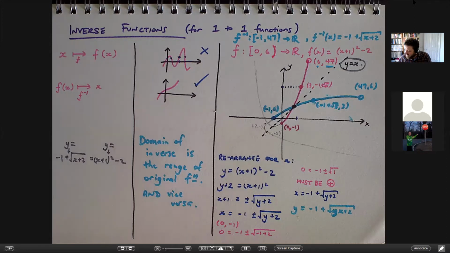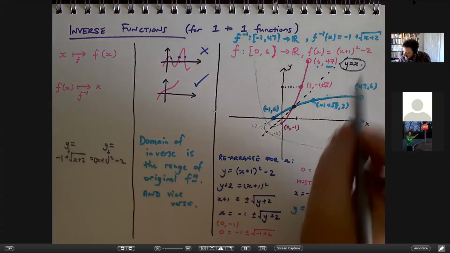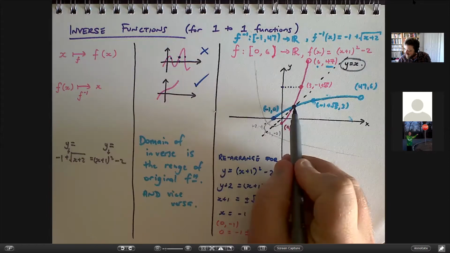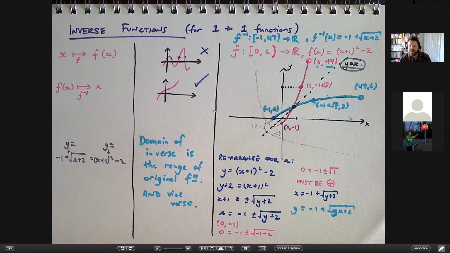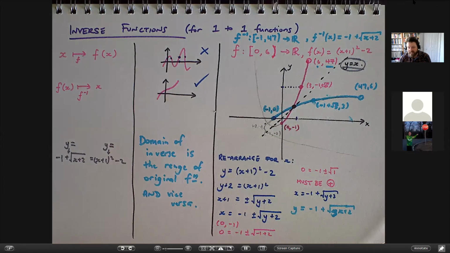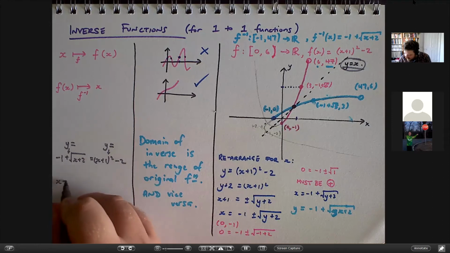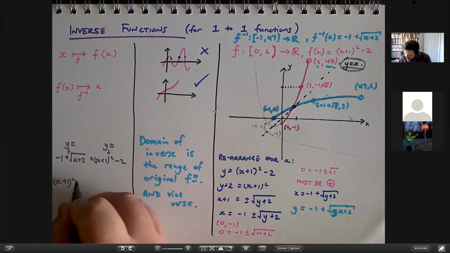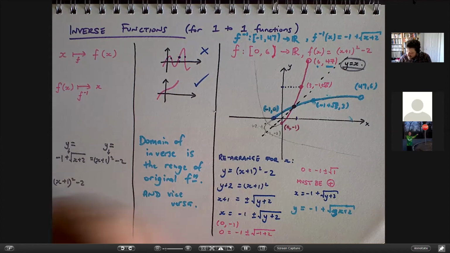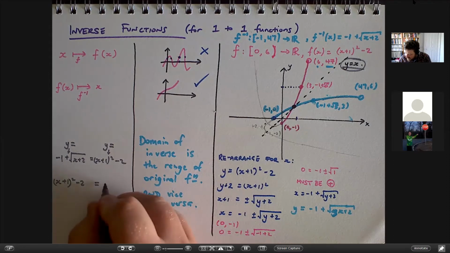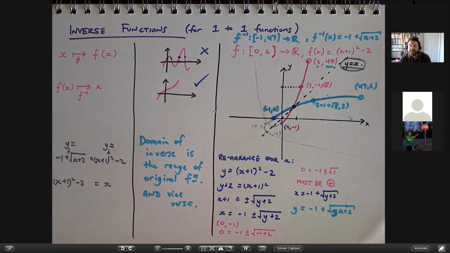So another way of saying these two are intersecting with each other is to say they're intersecting with the line y equals x. Which means we don't have to do this horrible thing here. We can just take one of them, whichever one's easier to work with, and set it equal to y equals x. So just x there.